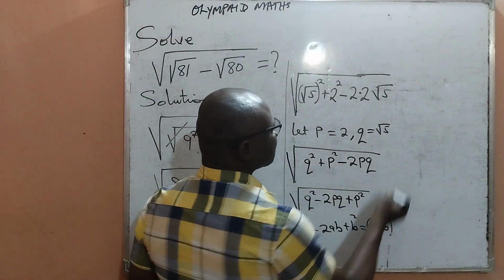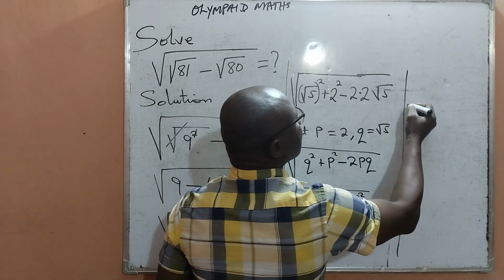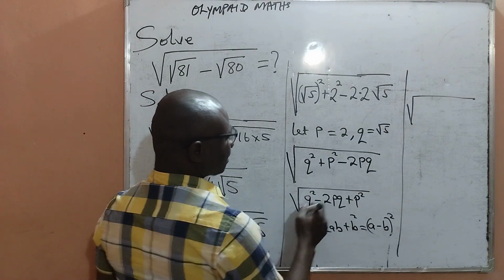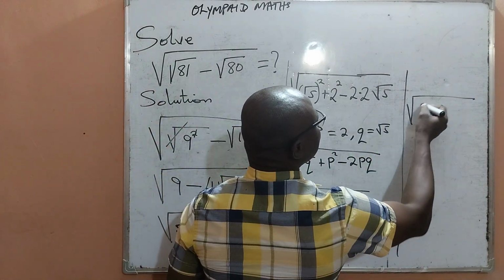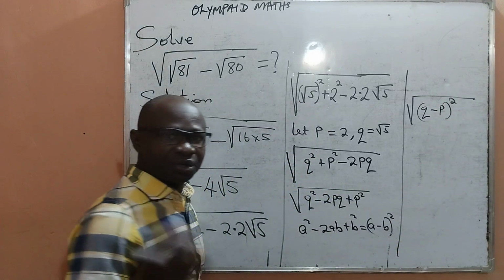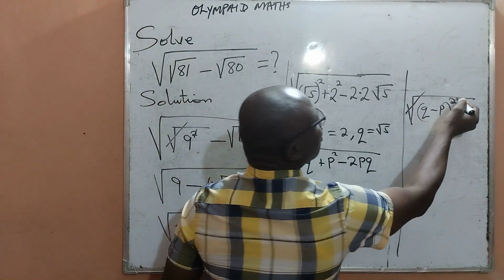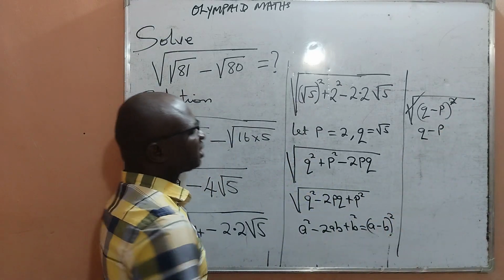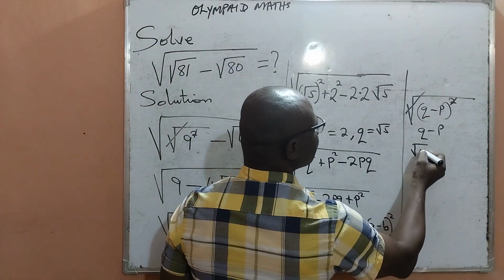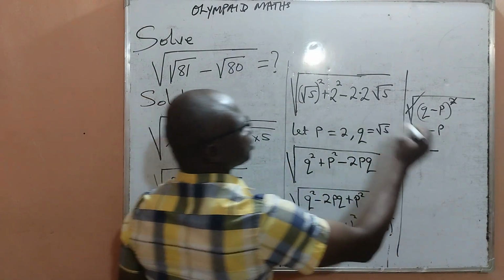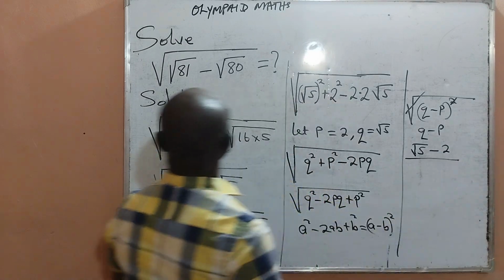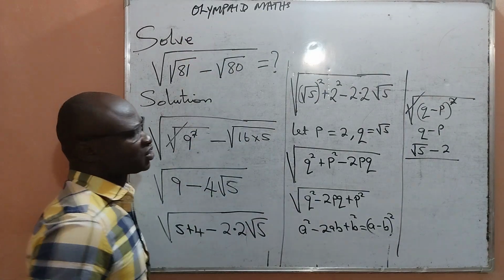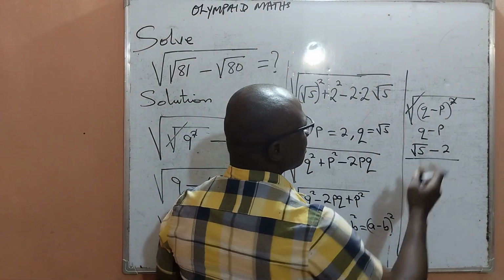Therefore, this can now be represented in this form, and that means I will have it written as the square root of Q minus P all raised to the power 2. But you can agree with me that the square root sign will cancel out with the 2, leaving me with Q minus P. But then, Q is the square root of 5 and P is just 2. So this is our final answer to the simplification that we are given. Our answer is the square root of 5 minus 2.